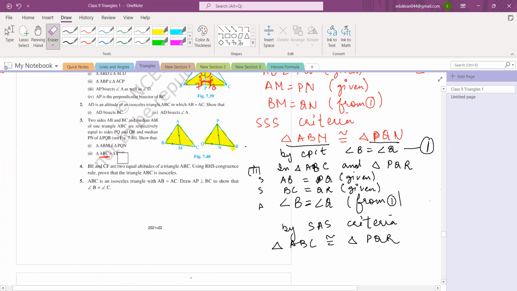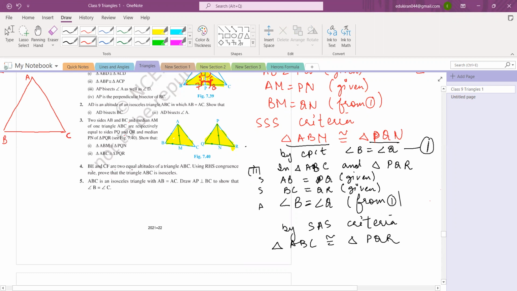Okay, this time the figure is not given to you. BE and CF are two altitudes of a triangle ABC. That's good. So let's draw a figure. So this is any triangle ABC, A, B, and C. So all of you see the question very carefully.